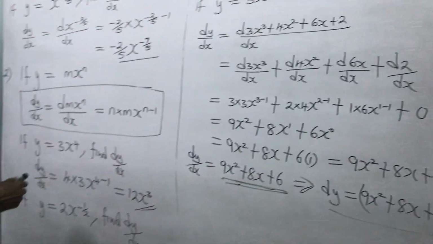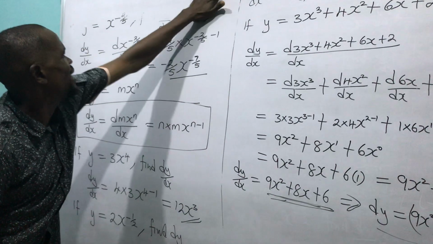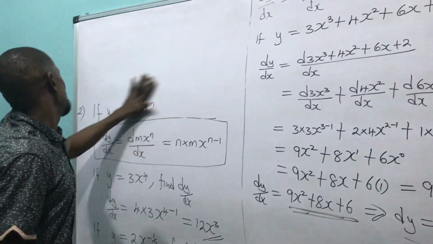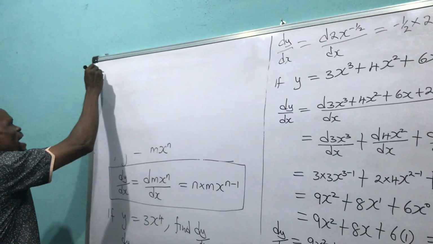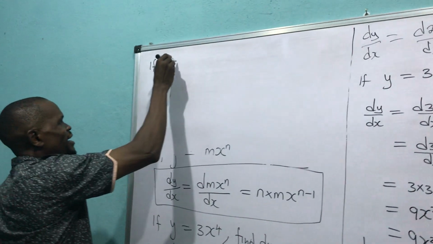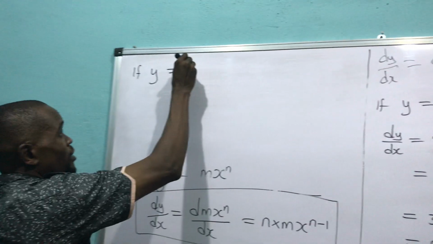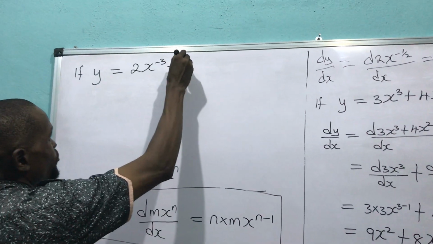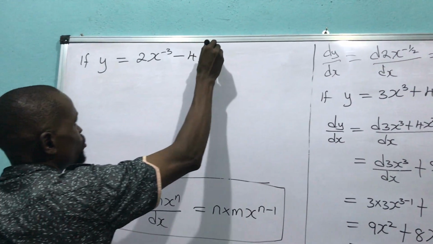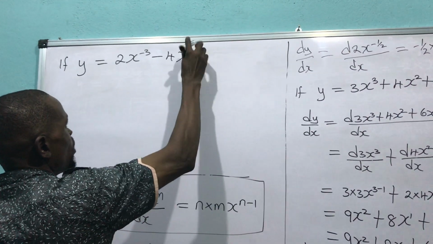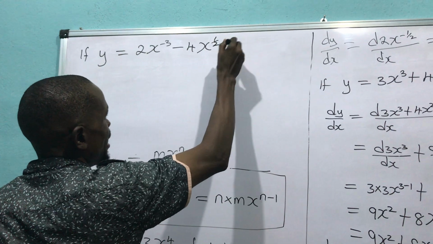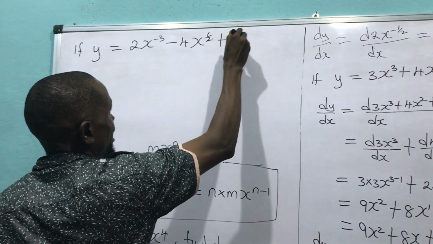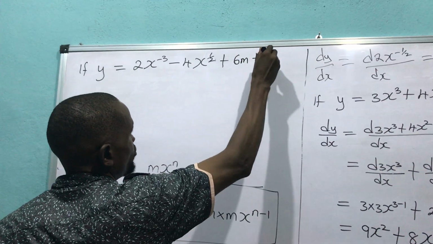Let us look at more examples. Let's clean here and note one more example on this. Again, if y equals 2x raised to the power minus 3, minus 4x raised to the power 1 over 2, then plus 6x plus 4.